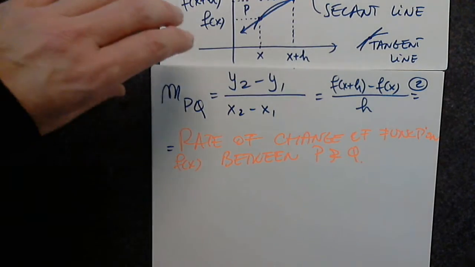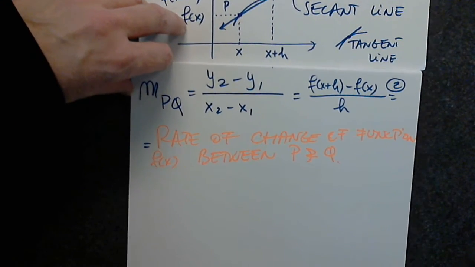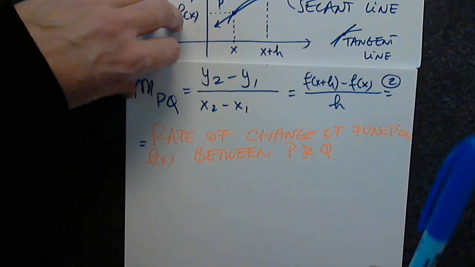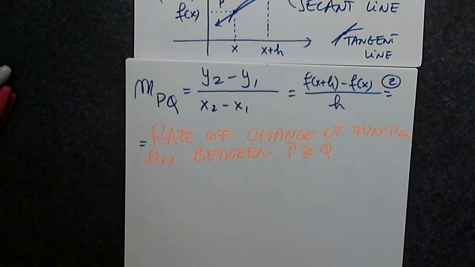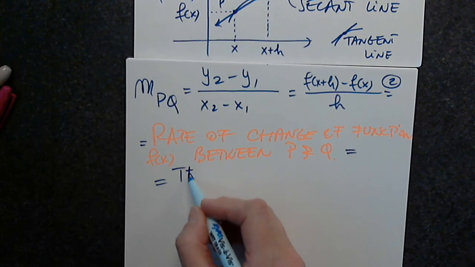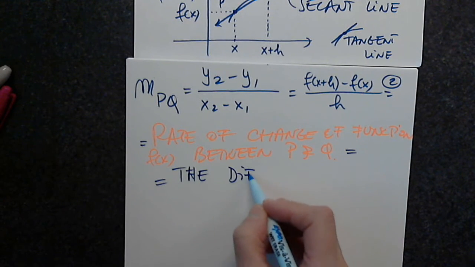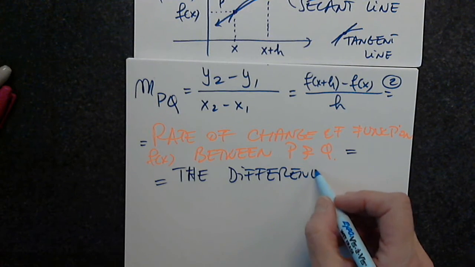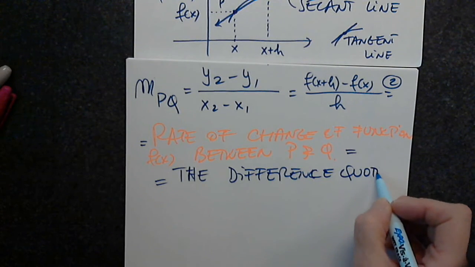Okay, so we have to look at different functions. We're going to pick at least quadratic functions and determine the difference quotient. Oh, I didn't write, this is the difference quotient.